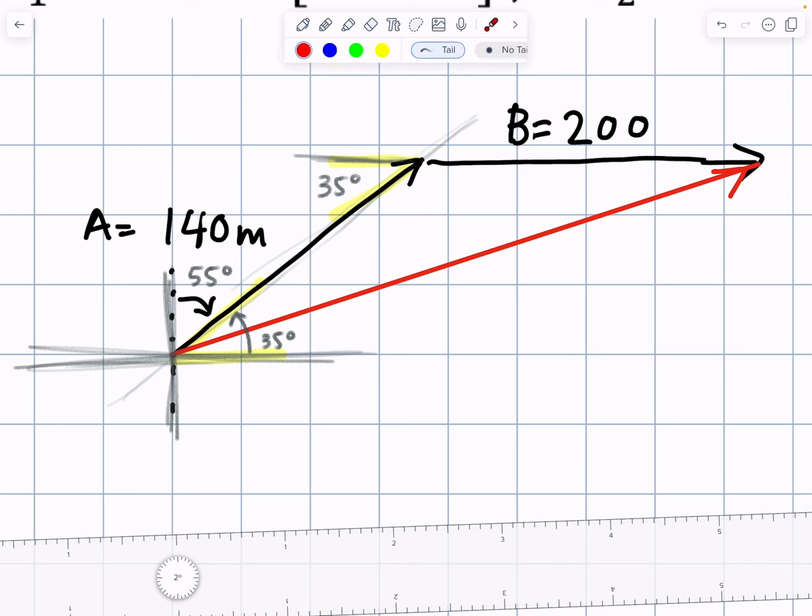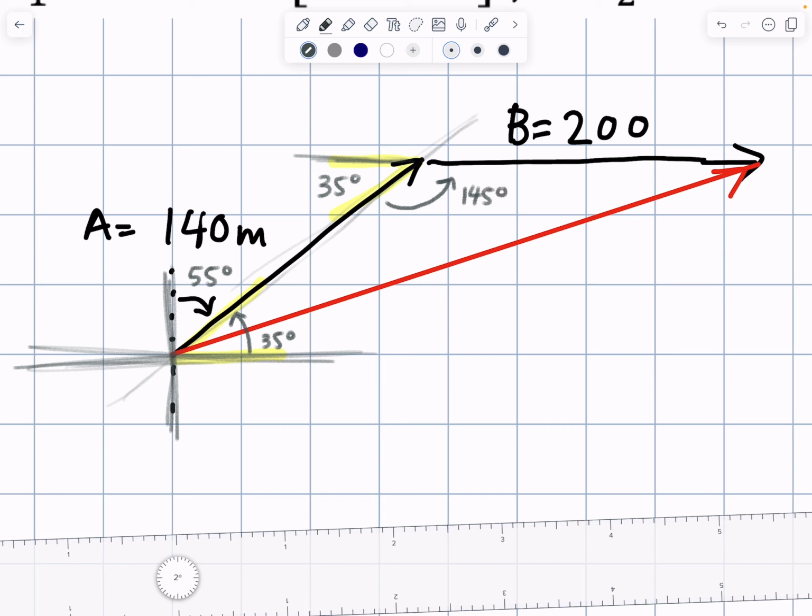Now, since this forms a straight line, and this angle's 35, this angle can be determined if you do 180 degrees, a straight line, minus 35 degrees. So we know this angle is 145 degrees.